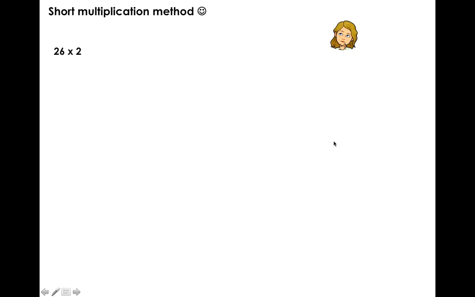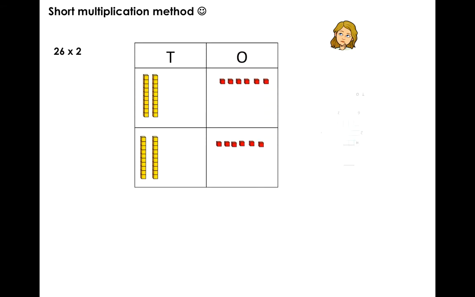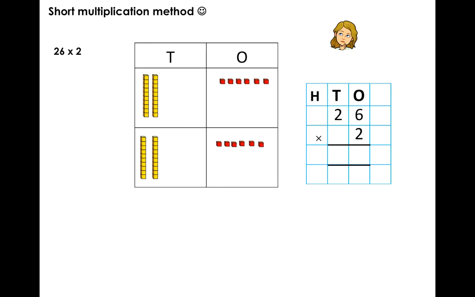Okay. Right, so we've got 26 times 2, so 2 groups of 26. Who can remember what we do here? So we do 6 multiplied by 2, which gives us 12. Now we know we can't have 12 in the 1s column, so we're going to regroup 10 1s for a 10.